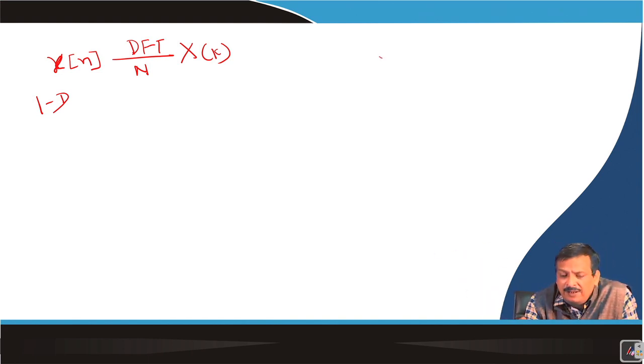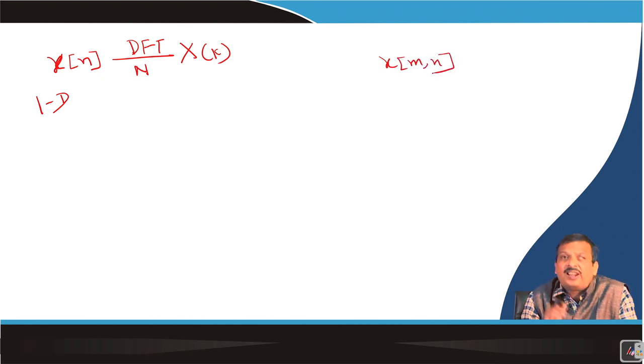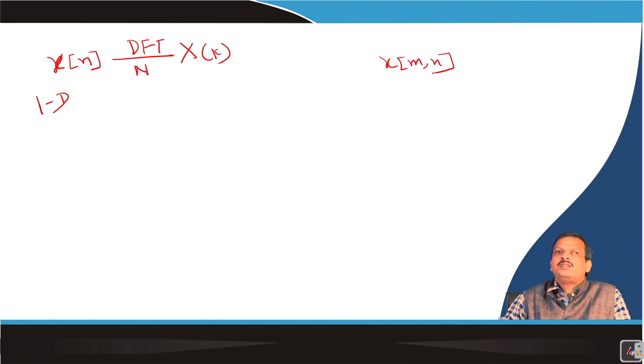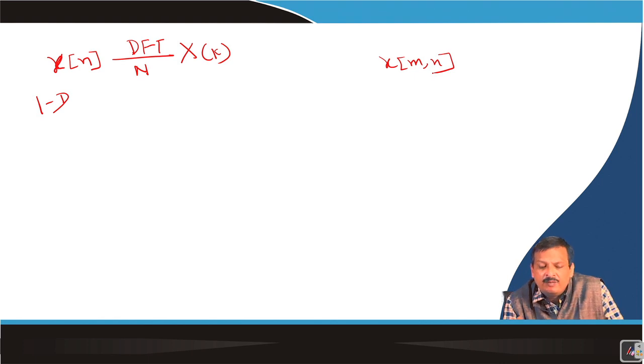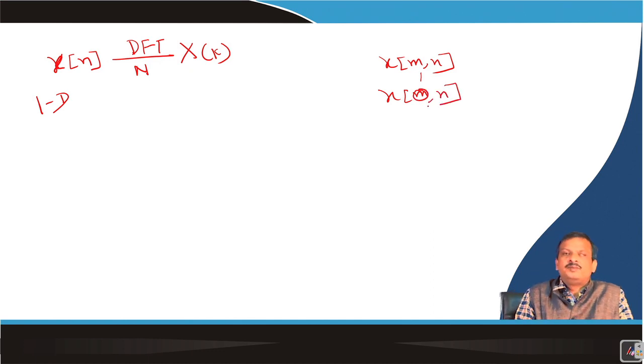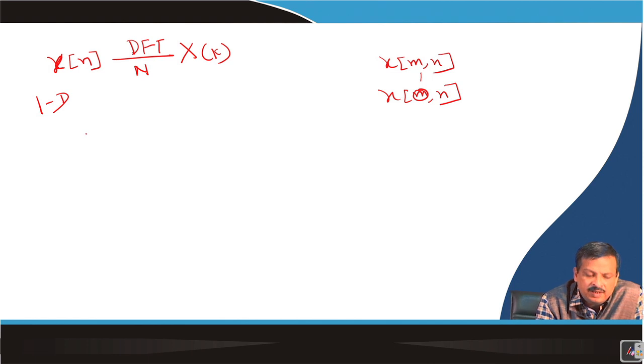Now I have a signal x of m and n, where both dimensions exist. First consider it as a single dimension. Let's say m is 0 and n is varying. So what is an image? An image is a value on this axis and a value on this axis.